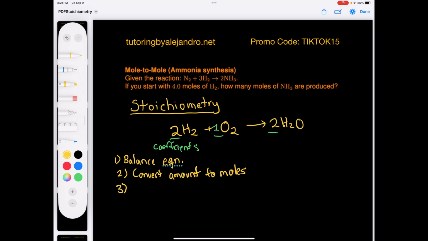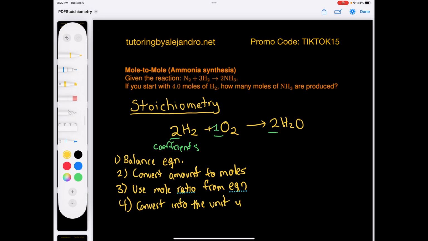Then you use the mole ratio from the equation, building your mole ratio from the equation. And then in the end, you convert into the unit you want. Okay, great. So that's basically the gist of it.